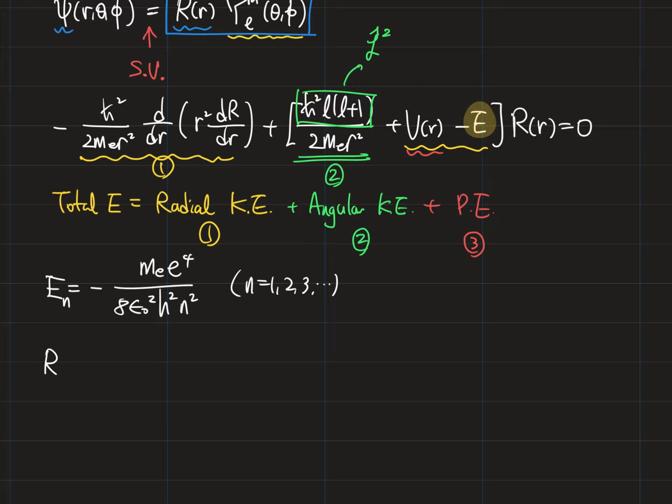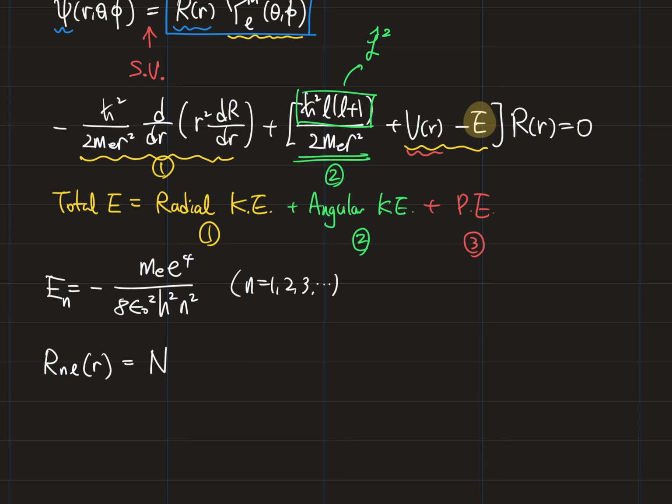And the functional form of the radial part depends on two quantum numbers, n and l. This is a very complicated expression, so I'm not going to write down the whole thing.